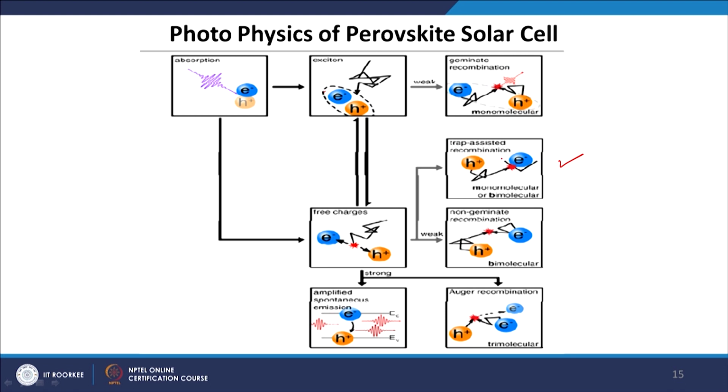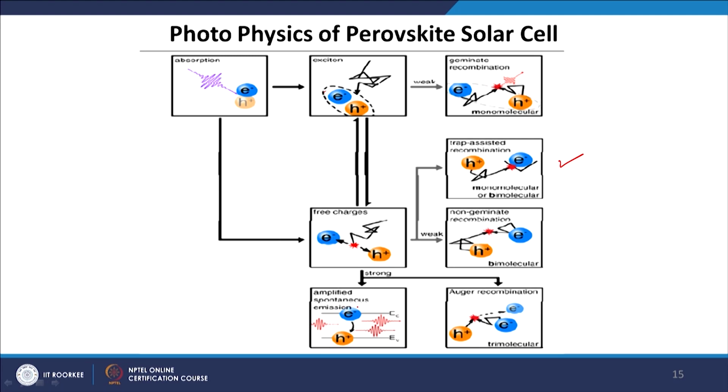If there are a lot of trap states or defect states in the material, then trap assisted recombination can occur. If the morphology of the perovskite film is very good, then we can suppress this route of recombination. The third possibility is that if the light intensity is very strong, then there can be amplified spontaneous emission or Auger recombination, a multiparticle recombination. All these three mechanisms can happen in the perovskite material, and depending upon the morphology, we can suppress one of these routes.